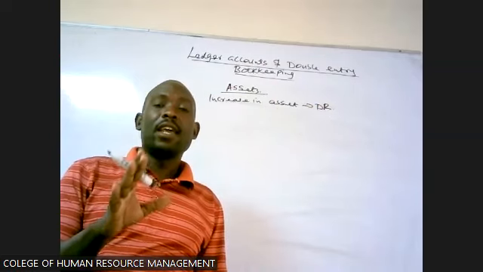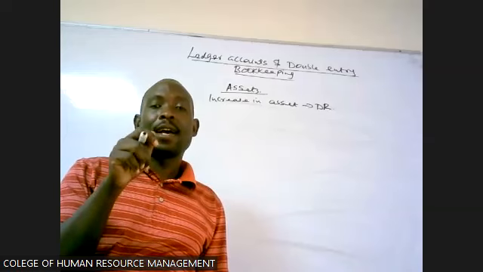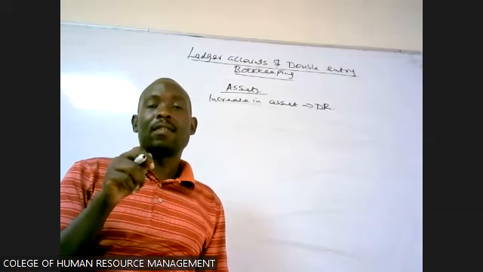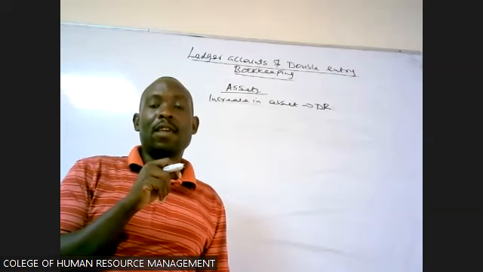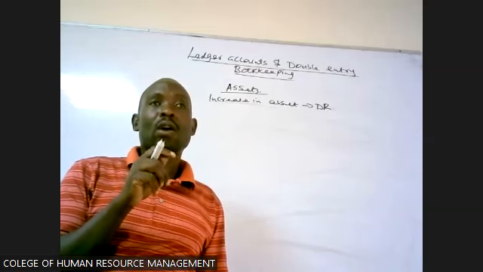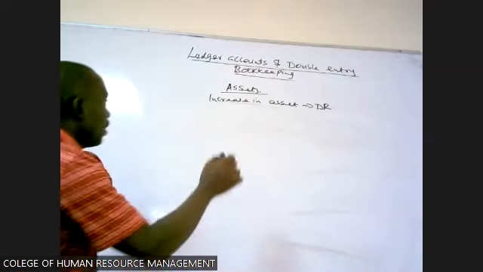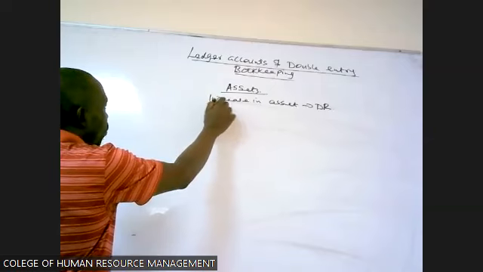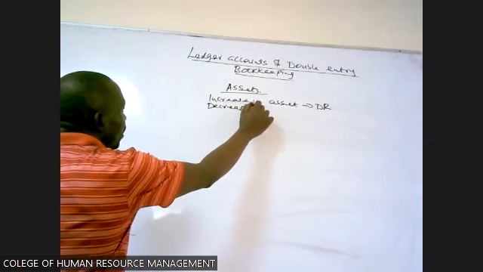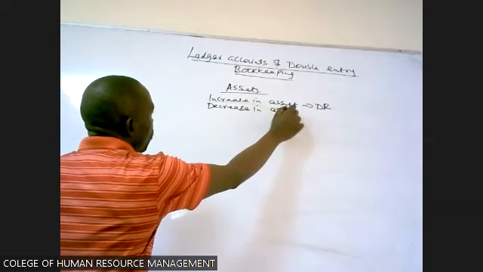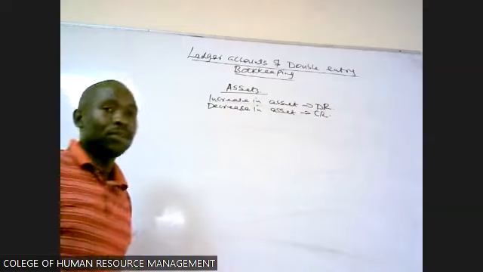So anytime you acquire an asset, debit that asset, because that asset or those assets are increasing in the business. Debit any asset that you acquire or receive. And anytime you give out an asset, meaning that that asset is decreasing, you credit that asset out.